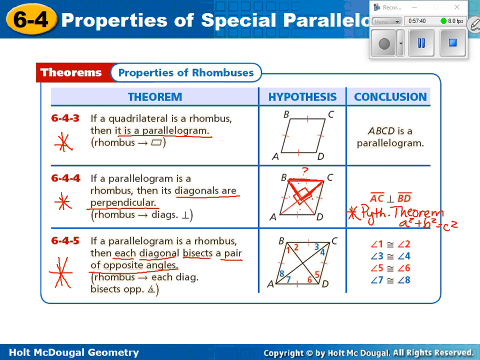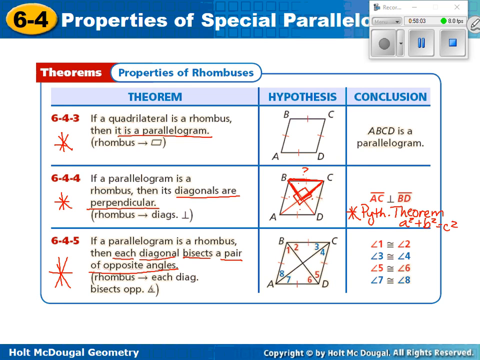And we already know that the opposite angles are congruent because it's a parallelogram. So it's going to split that so that these 4 angles turn out to be congruent to each other. Are you with me there? And then the other diagonal is going to do the same thing to those opposite angles. So these angles are now going to be split into 2 congruent pieces.